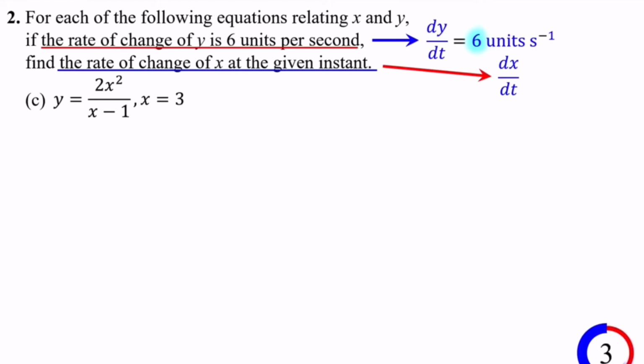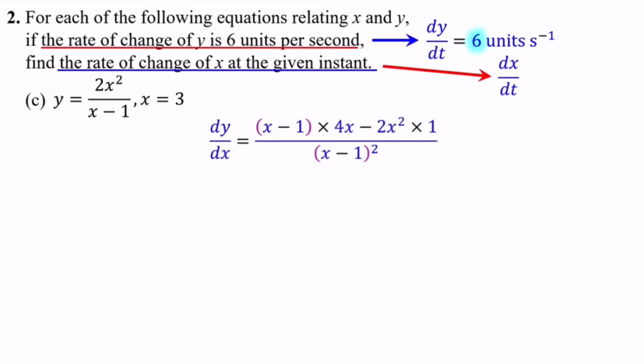So let's go to the next question. Okay, this one is still the same. We are going to convert rate of change of y as dy/dt equal to 6 units per second, and rate of change of x at the given instant is dx/dt. Now let's do dy/dx by using the quotient rule.